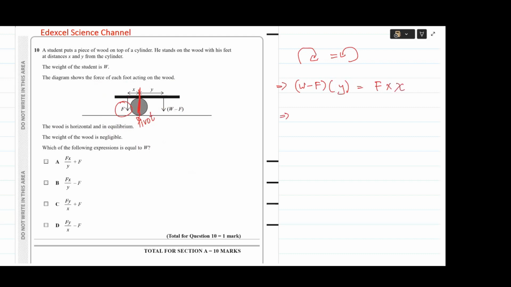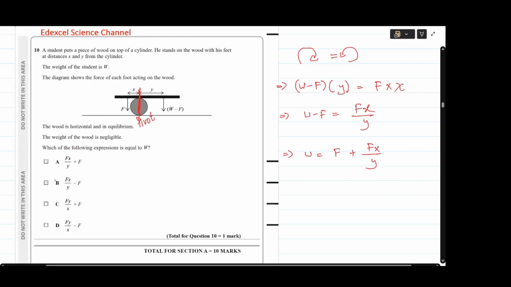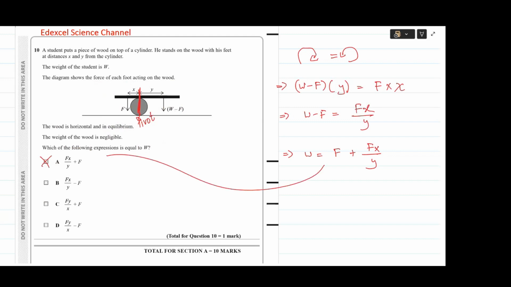Now we need to do the algebra to make weight the subject of the equation, and then hopefully we find the answer. So W minus F is equal to Fx divided by y. So number C is the, not C, sorry, number A is the correct answer. Yeah, this one matches with A.